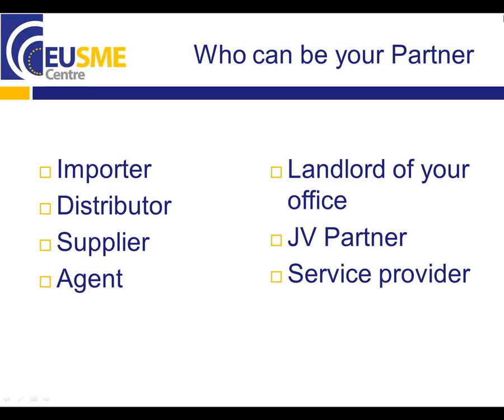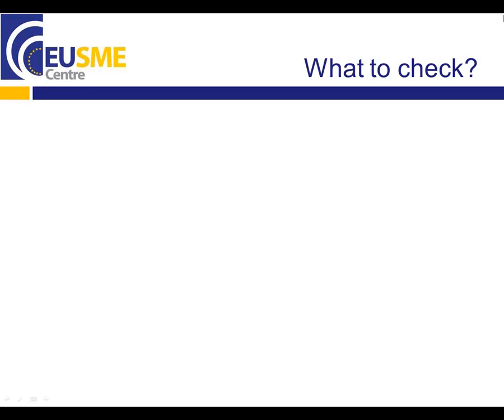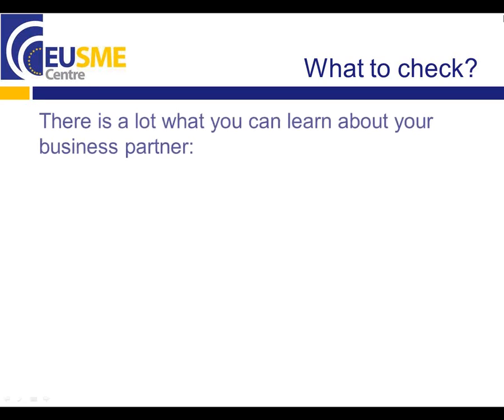It can be an agent. It can be even the landlord of your office when you decide to establish a company here. It can be your potential joint venture partner or simply a service provider like an accounting company. All of those are worthy to examine and find some background information about.